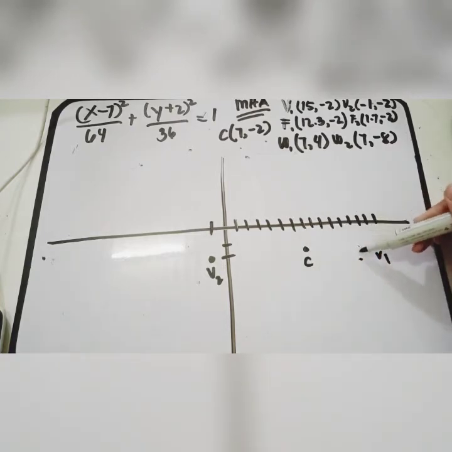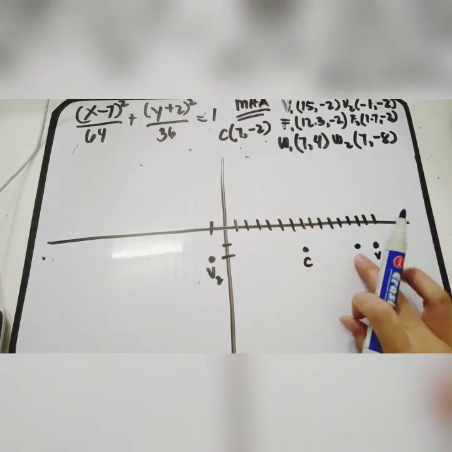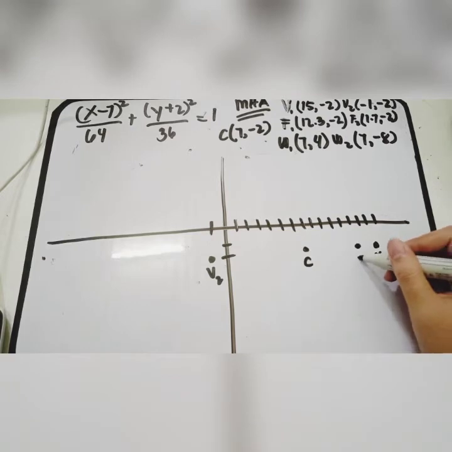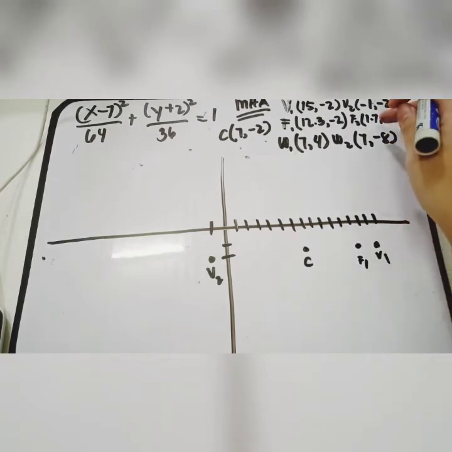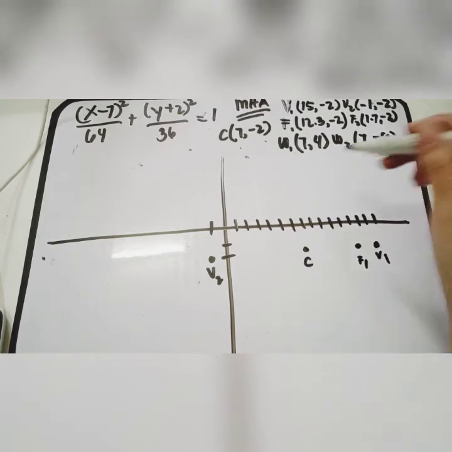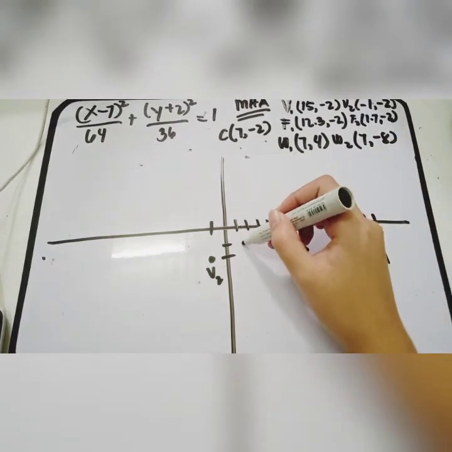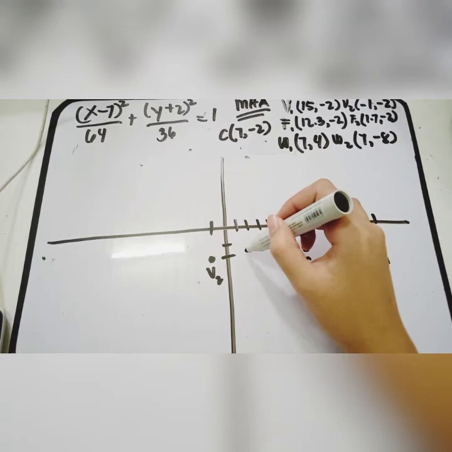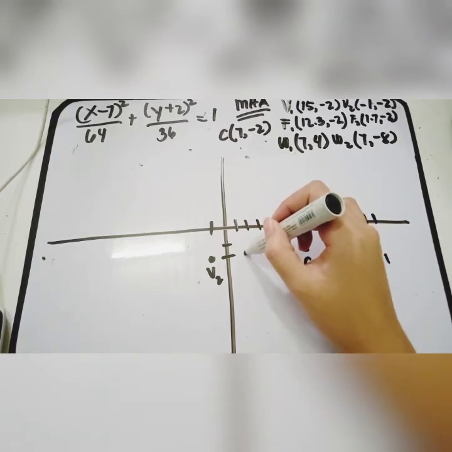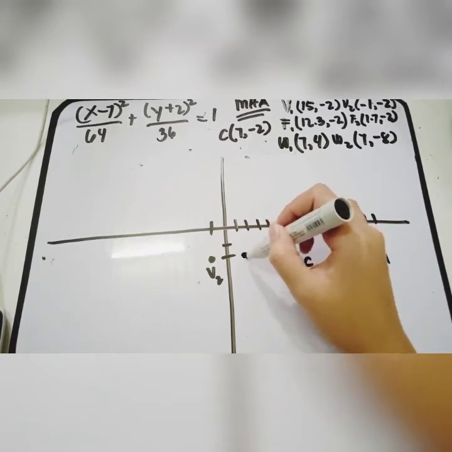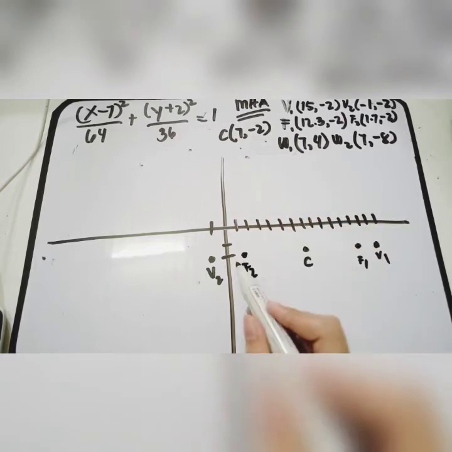So, dito. Parang almost nasa gitna siya. Okay, so this is your focus 1. And your focus 2 is 1.7, comma, negative 2. So, 1.7. Dito siya. Almost siya sa 2. Focus 2. Connect natin.